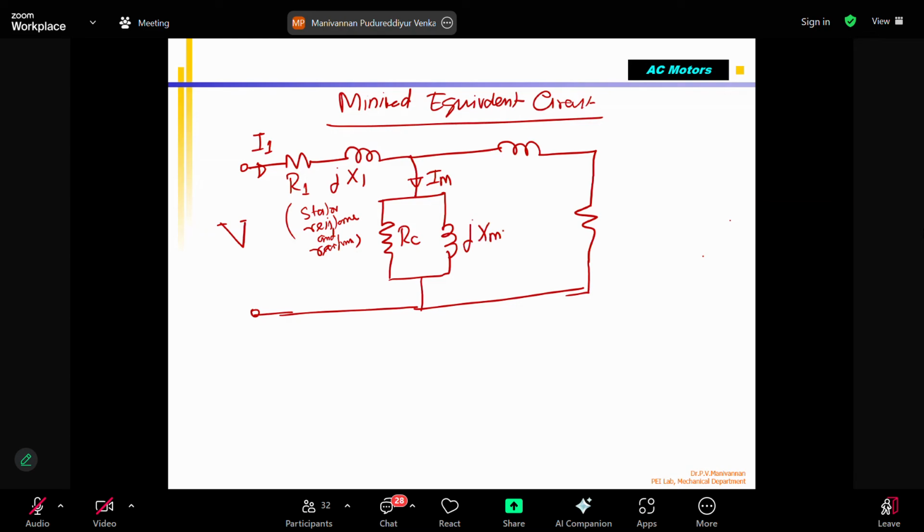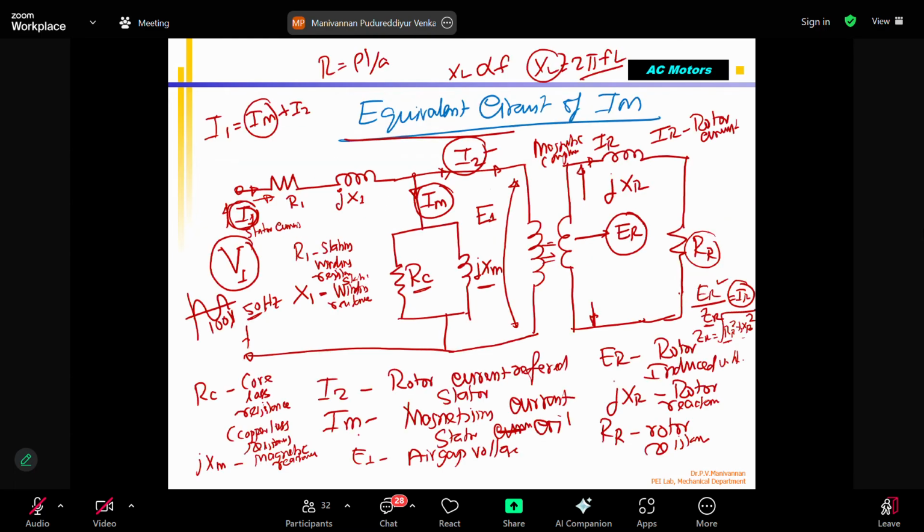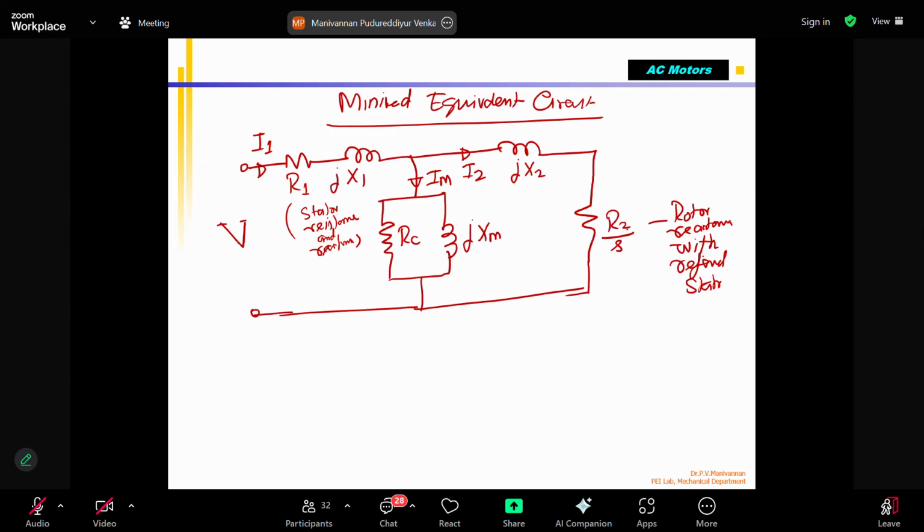Same terminology. But only one thing: I2 is called the rotor current, and jX2 is the rotor reactance, and R2 divided by S is called the rotor resistance, referred to the stator. Earlier I said just R resistance, but in this case I put R2 divided by S, where S is the slip of the motor.